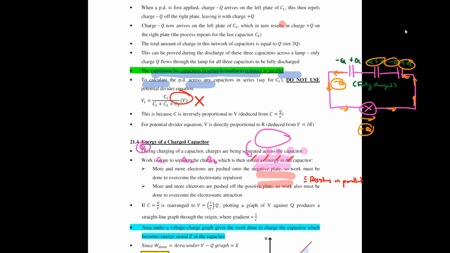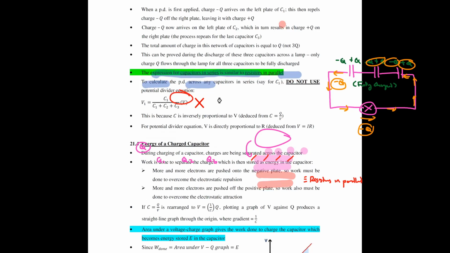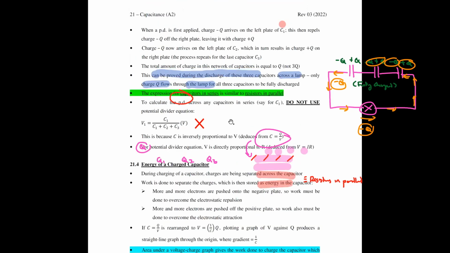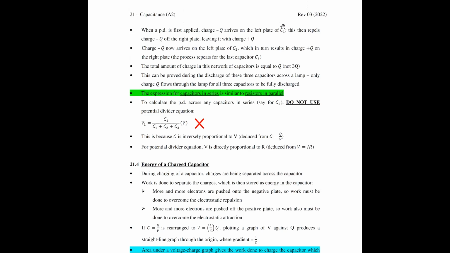And also, one other thing to note is this. There are a lot of questions later on that you see that ask you to calculate the PD across your capacitors. So in the event you're asked to calculate the PD for capacitors in series, some common thing that students often take over from your AS was this.